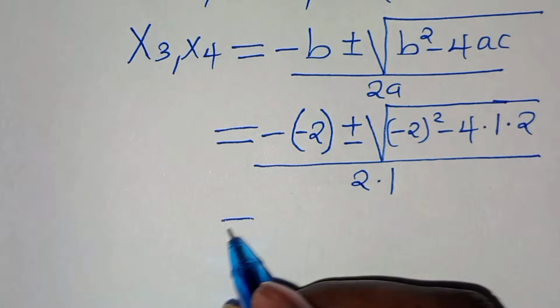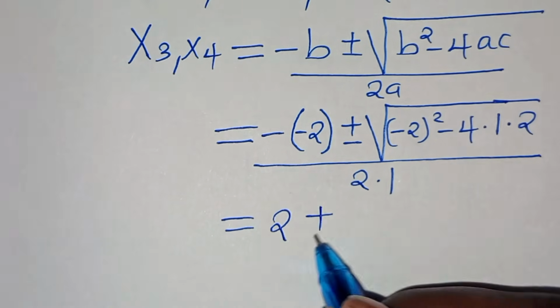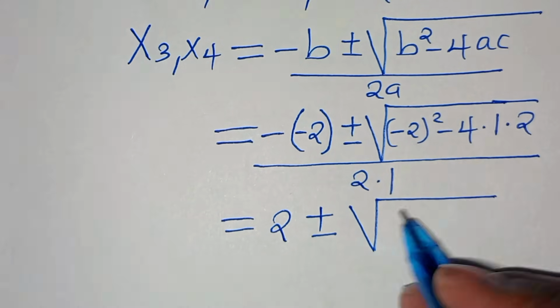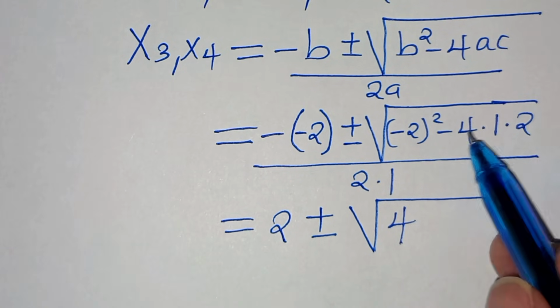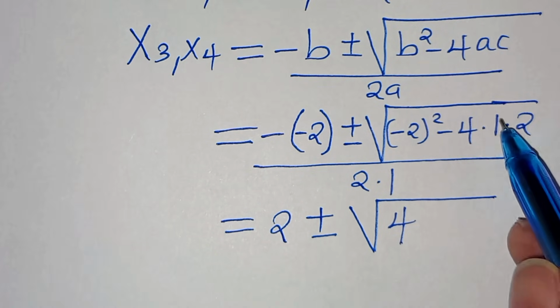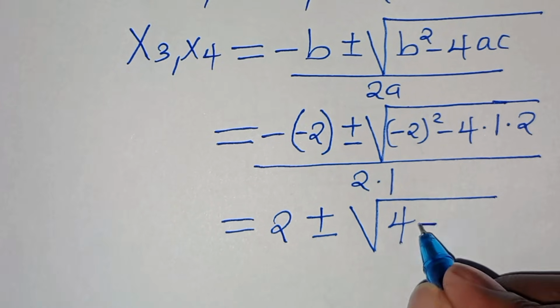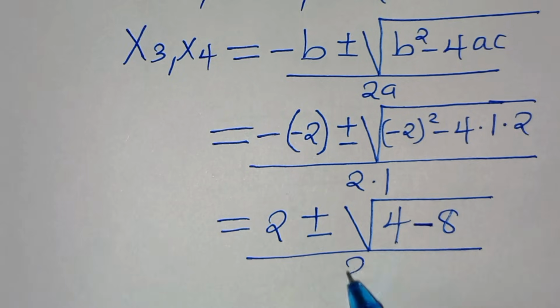So this means we have minus times minus 2, this is 2, plus or minus the square root of negative 2 to the power of 2, which is 4. Then we have, this is minus 4 times a, which is 1, then times 2 here, and this is minus 8. Everything here divided by 2.